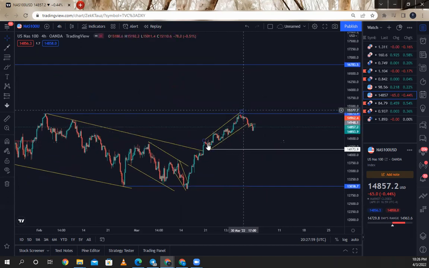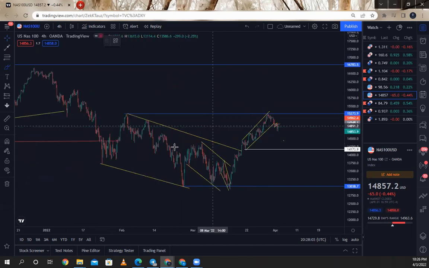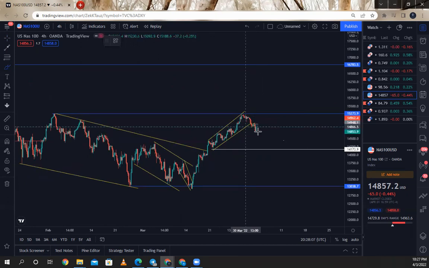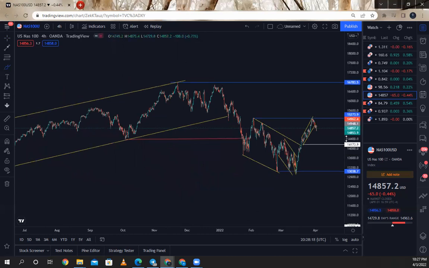So the market got there in a very corrective way, like so. You can see how the market got there. Then from there, we had an impulse out. And now we're having a correction, so be waiting to take this move to the downside.